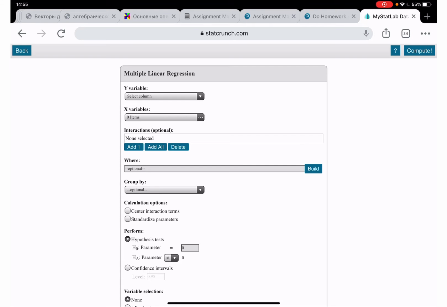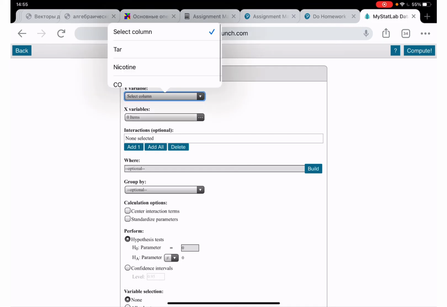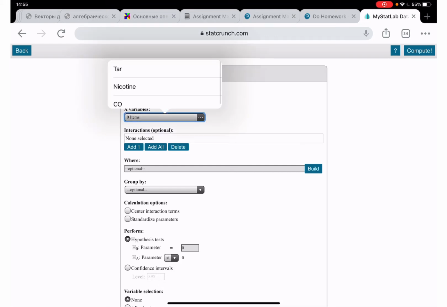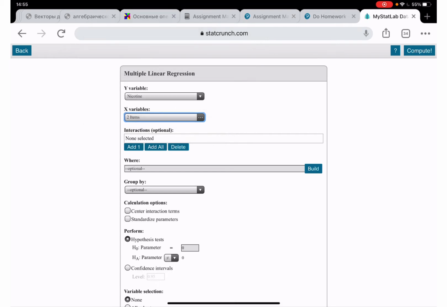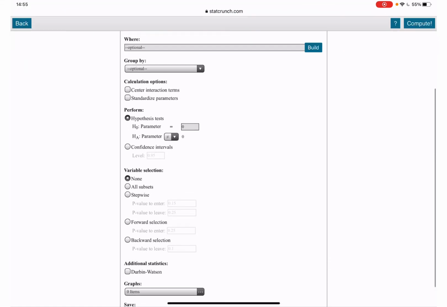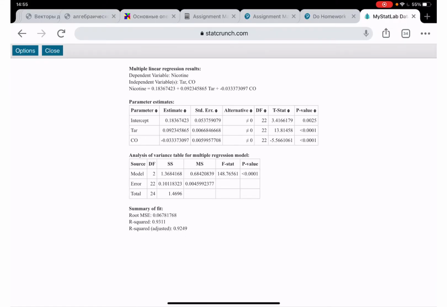Then we are choosing nicotine as Y. And then X variables, asking for 2, the second is going to be tar. Both of them are chosen, very good. Clicking compute.